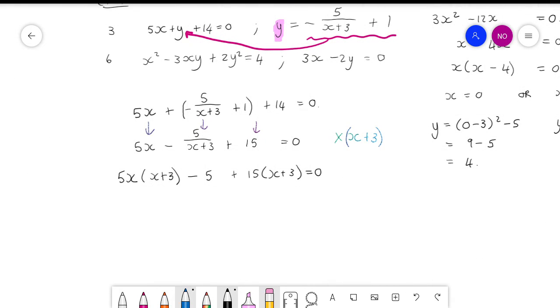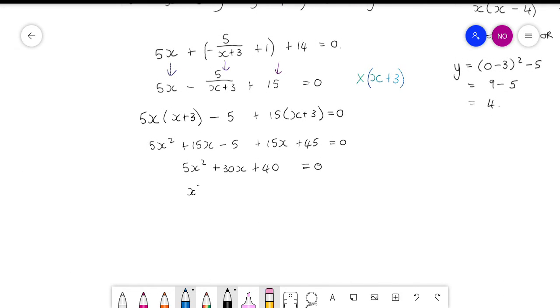En nou maal ons net uit en vereenvoudig. Okay, en hier gaan ons x kwadraat plus 6x plus 8 is gelyk aan 0.